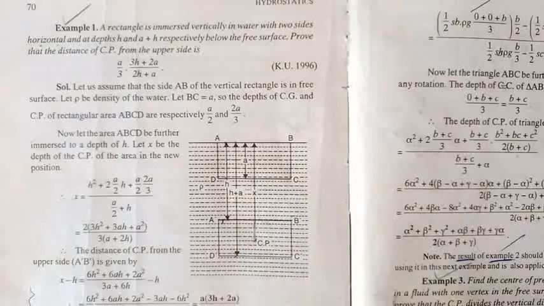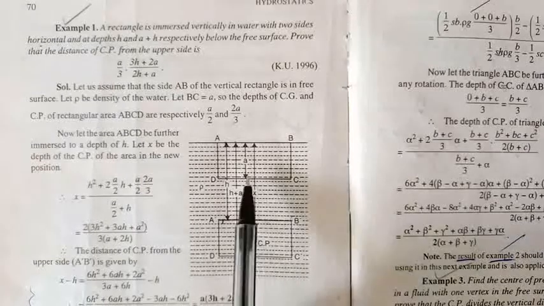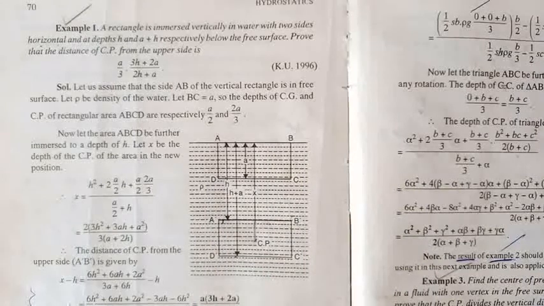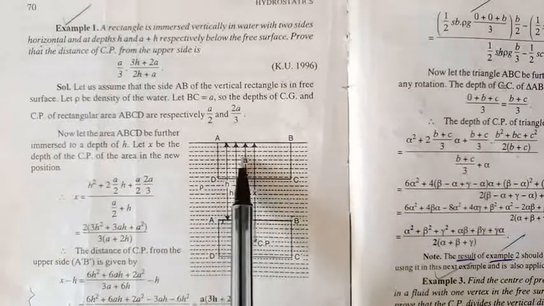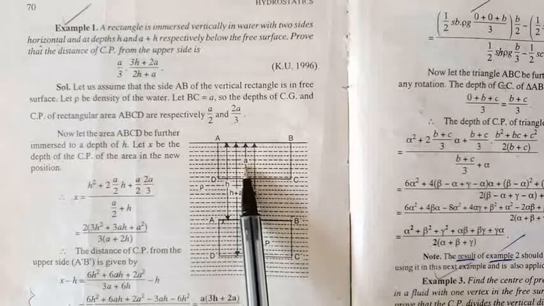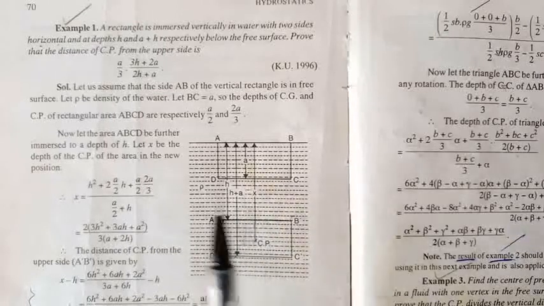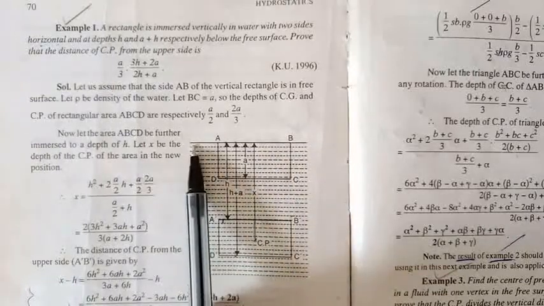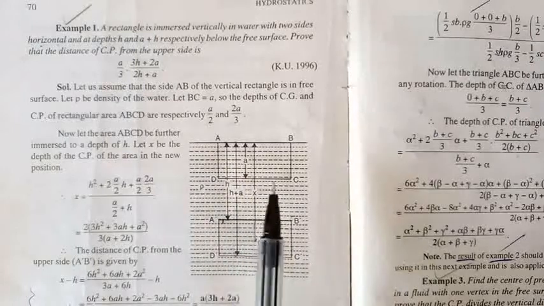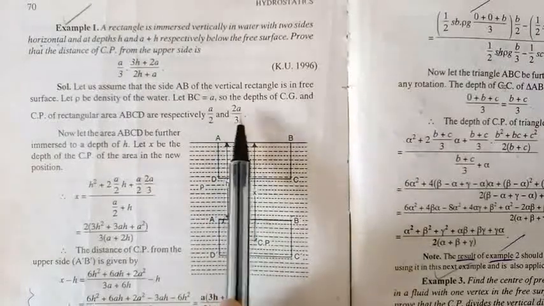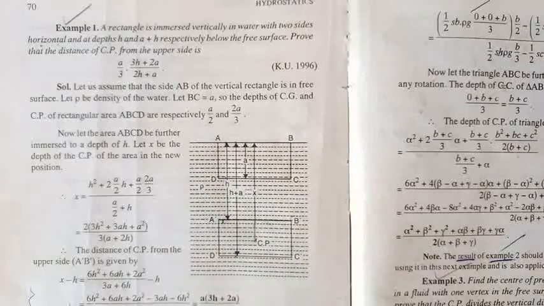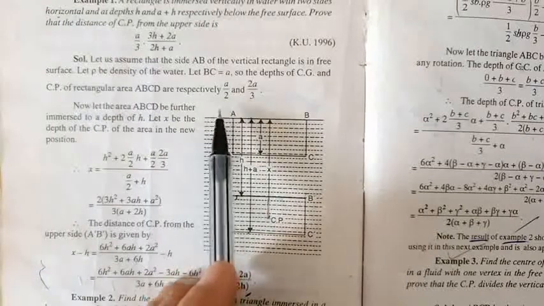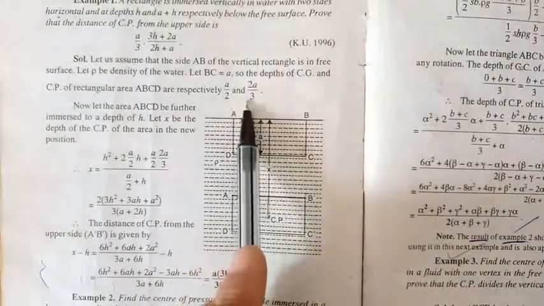So the depth of center of gravity of the rectangle will be at the distance a by 2 below the free surface, and the depth of center of pressure we already obtained in the previous exercises: if a rectangle has one side in the free surface, then the center of pressure lies at a distance 2a by 3 below the free surface.